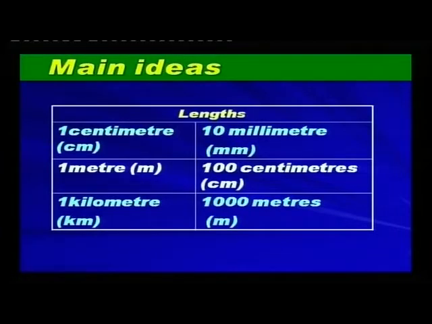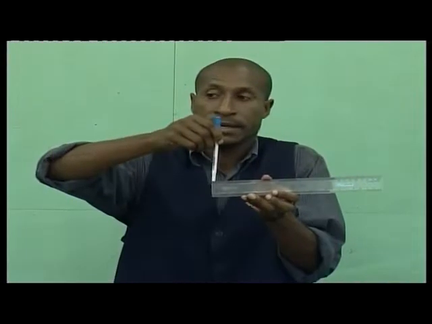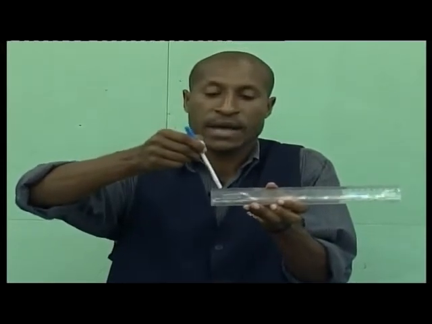The first one shows 1 centimeter. Every 1 centimeter is equal to 10 millimeters. So, if you look at a 30 centimeter ruler, starting from here, that's the 0, and up here is 1 centimeter.